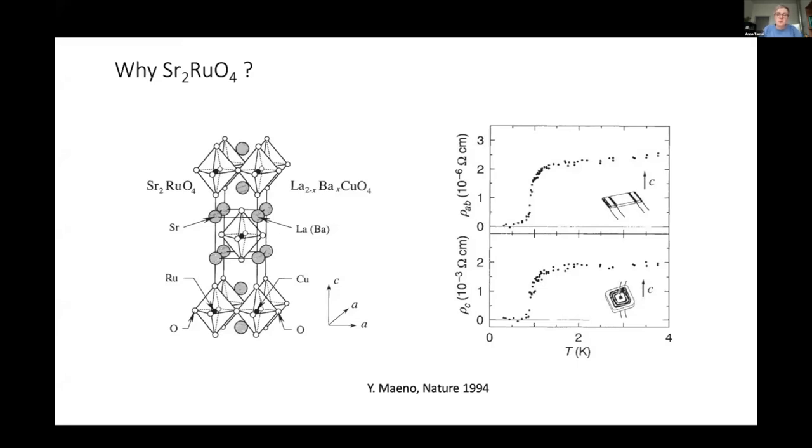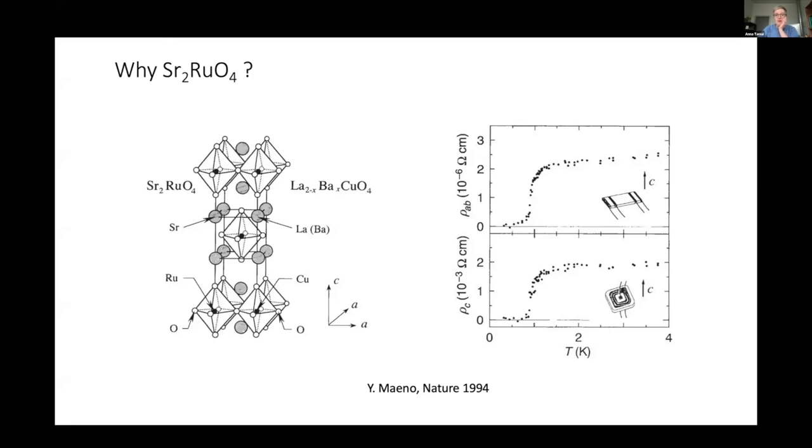It was thought for many years to be a candidate for P-wave superconductivity. However, recent experiments under strain questioned this idea, and people are still discussing what is the symmetry of the order parameter.